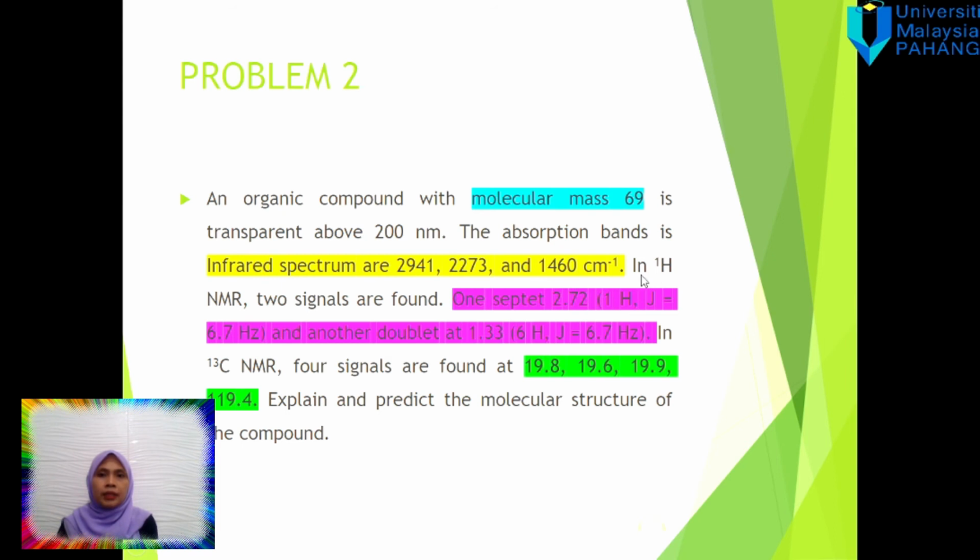In the 1H NMR, two signals are found: one septet at 2.72 with 1H integration and coupling constant 6.7 Hz, and another doublet at 1.33 with 6H and coupling constant 6.7 Hz. In the C13 NMR, four signals are found at 19.8, 19.6, 19.9, and 119.4. Explain and predict the molecular structure of the compound.